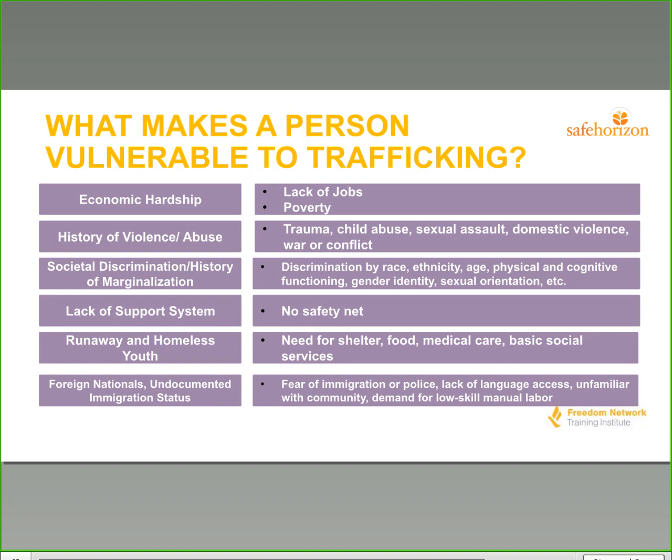Perhaps they were kicked out of their home for being gay or lesbian, for being transgender, and that individual is now needing to engage in survival sex. Although that is considered sex trafficking under federal law, we can also see concurrently that survival sex is a necessary means for certain individuals, particularly for runaway and homeless youth.